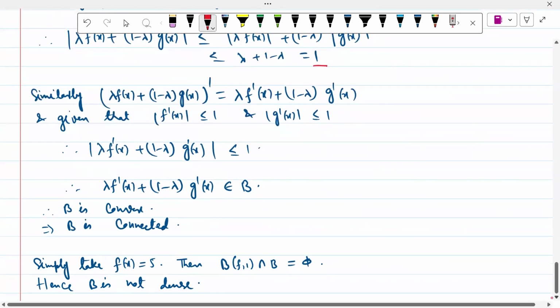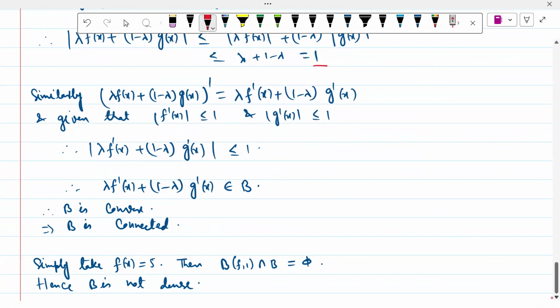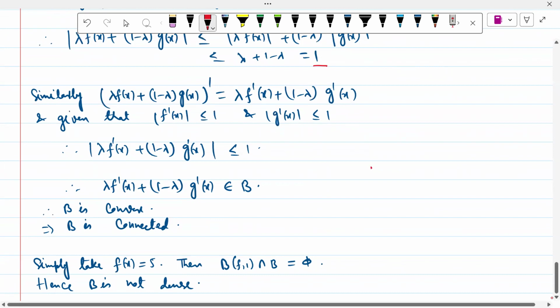And this is not dense, simply you can take f(x) equal to 5. So f(x) equal to 5 is not a limit point, because if you take your set B and you have some neighborhood there, suppose this is your f and you have taken a ball like this, so f has value 5.